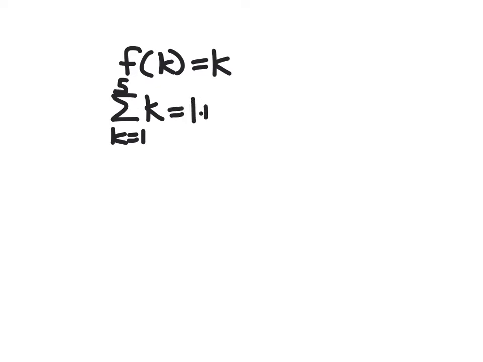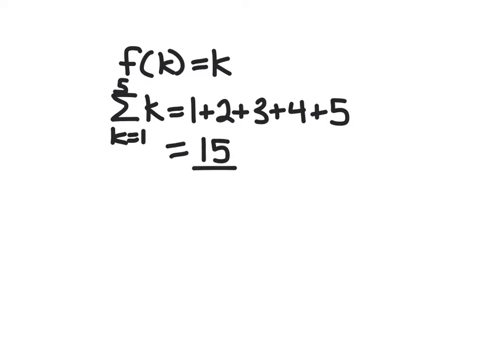All right, now I add k equals 2 is my next step. 2. K equals 3. And I add until I hit that top bound of 5. And then I can actually just add this up, right? So it's 3, 6, 10, and we get 15 as our answer.